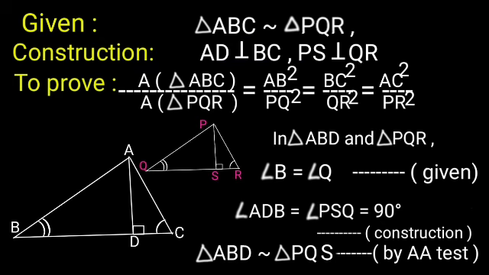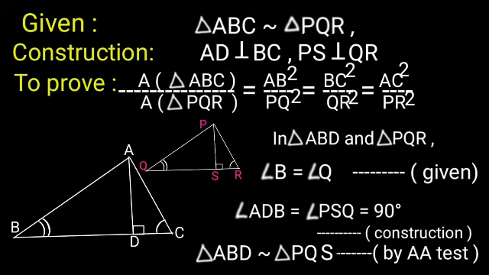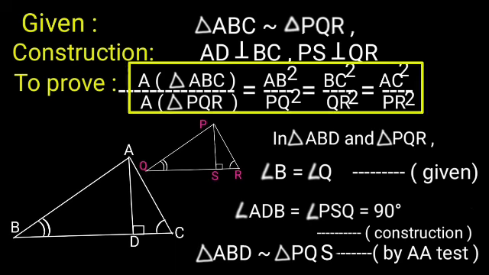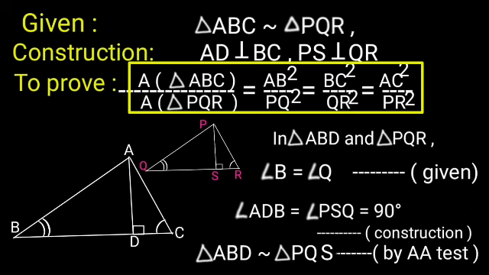We have to prove that area of triangle ABC upon area of triangle PQR is equal to AB square upon PQ square, is equal to BC square upon QR square, is equal to AC square upon PR square.